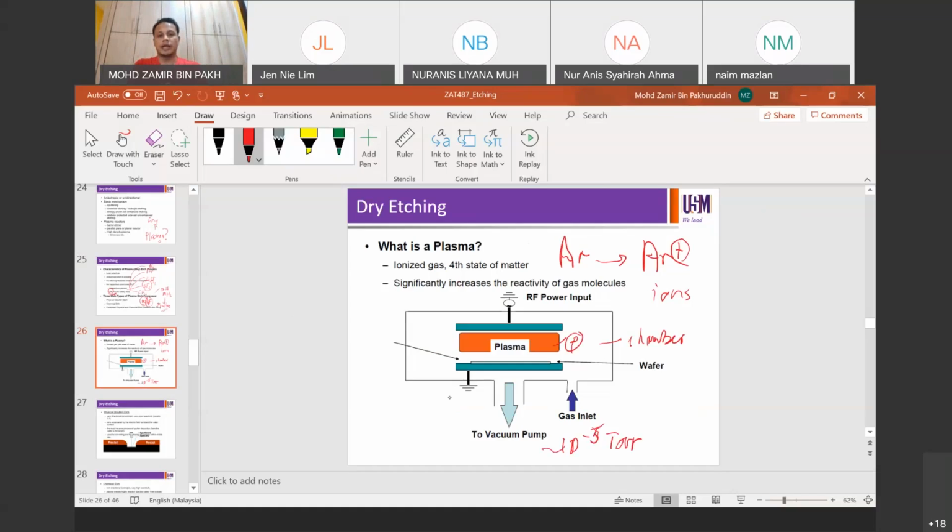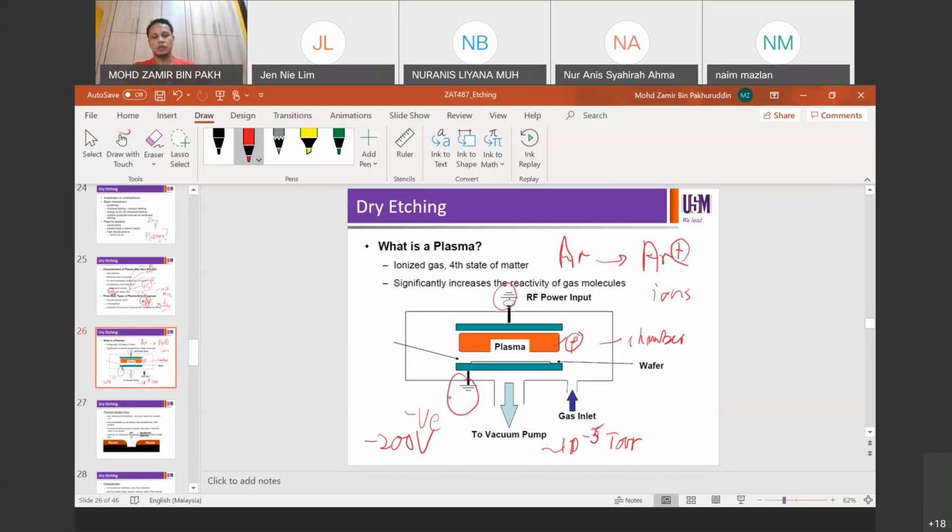So then you can actually supply the bias to both sides of the plates in order to do the etching process. You can, for example, kalau dalam case ni, you think wafer is on the stage here and the stage is connected to negative bias. So kalau you apply a very high negative bias, for example, you bias down to 200 volt.